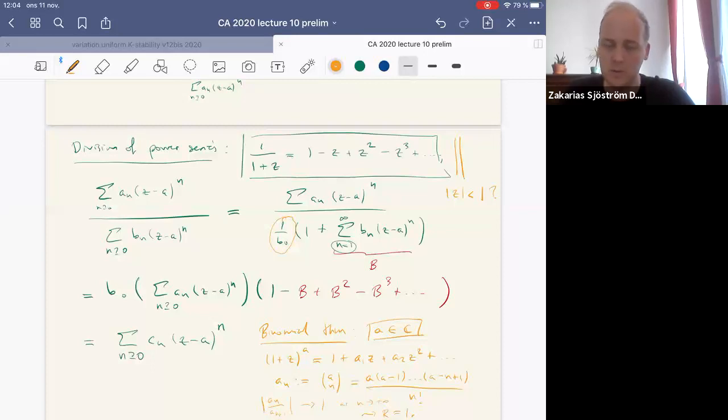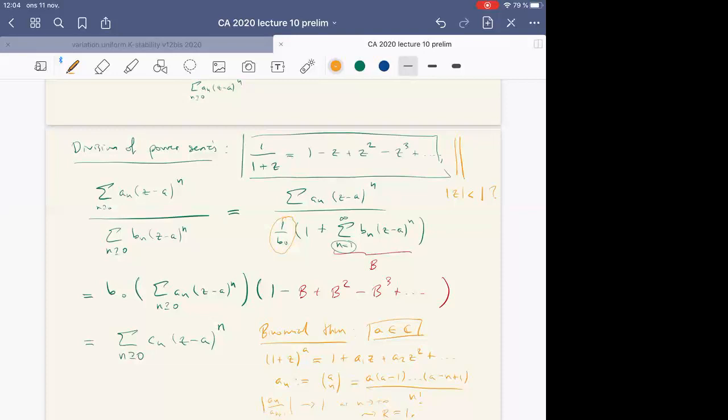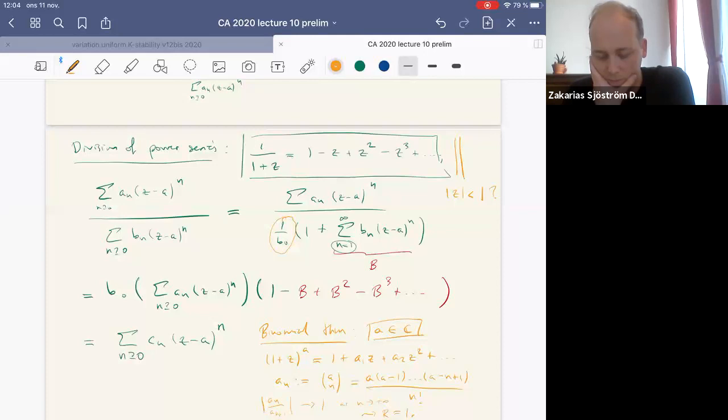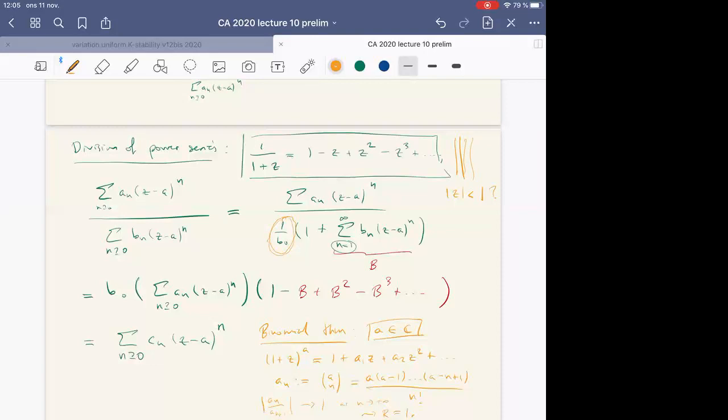It's just about the value of this series. However you want to put it, you're going to arrange it so that this can apply. I think you can do it just by the thing that you factor out here. If we take a smaller neighborhood, we can have b with a norm smaller than 1.